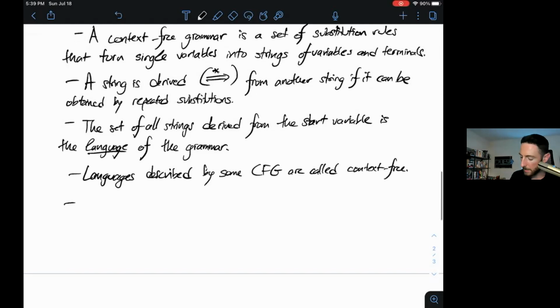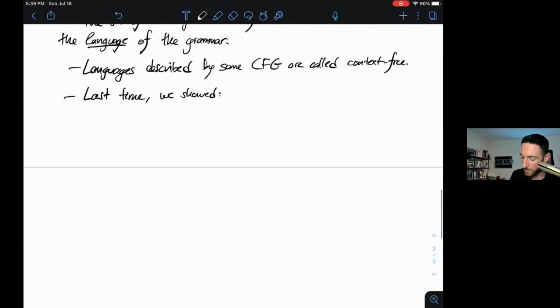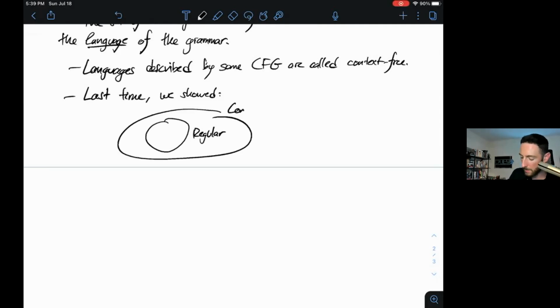So last time we showed some things about the context-free languages. We showed that the regular languages were a proper subset of the context-free languages.